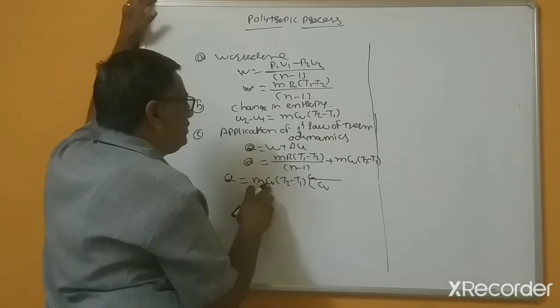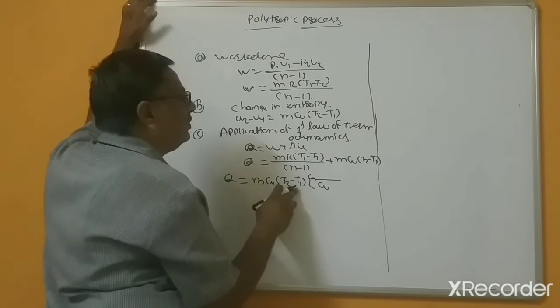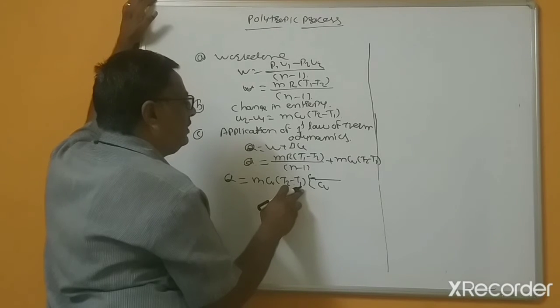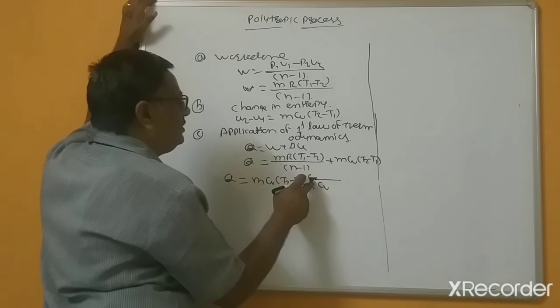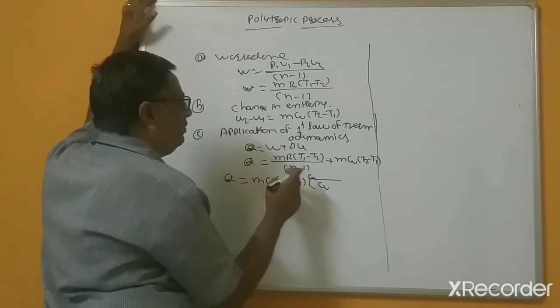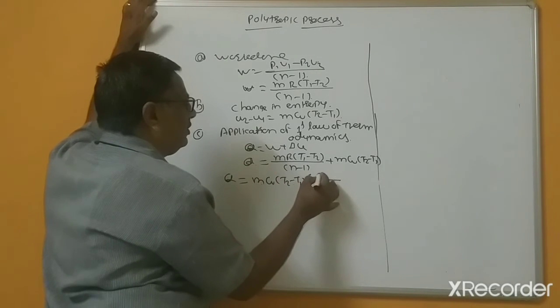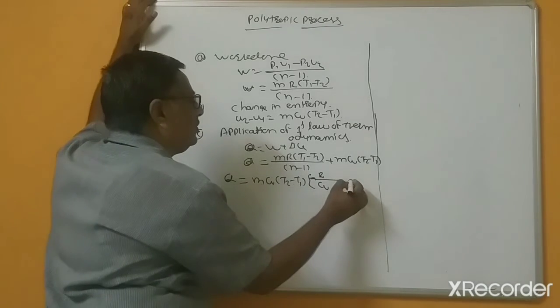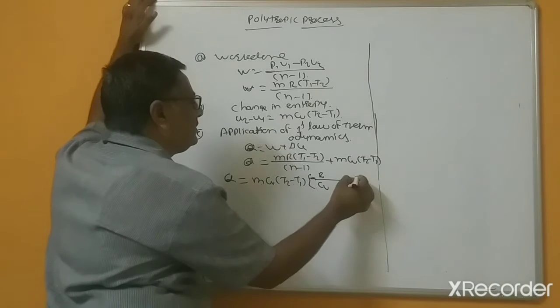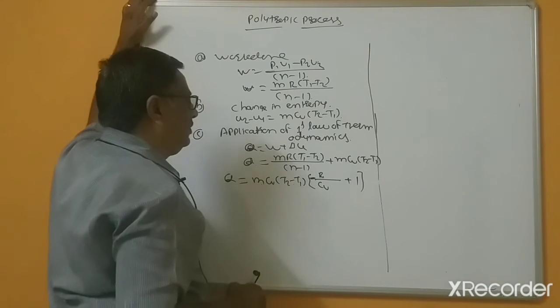So this is mCv (T2 minus T1), and since this is T1 minus T2, there is a negative sign. And what is remaining here is R, and this is plus 1.